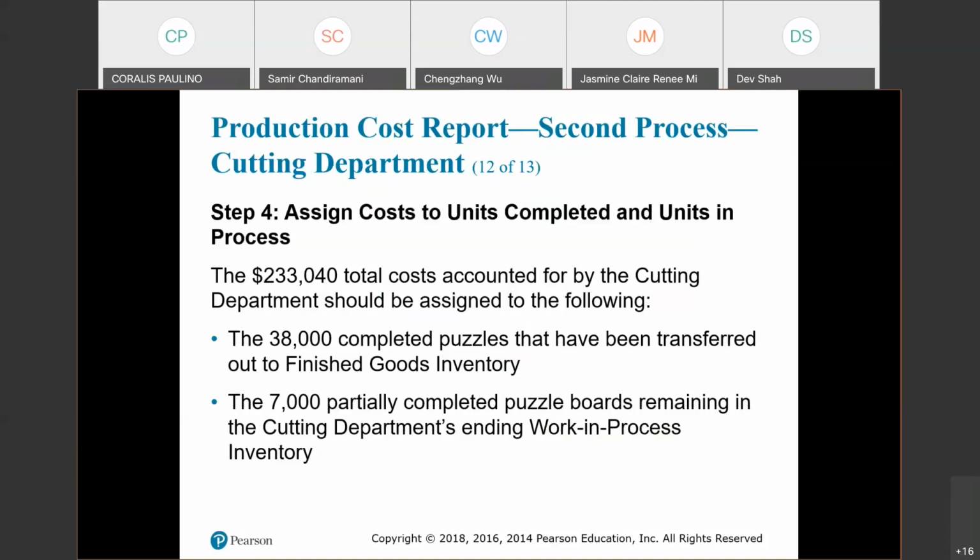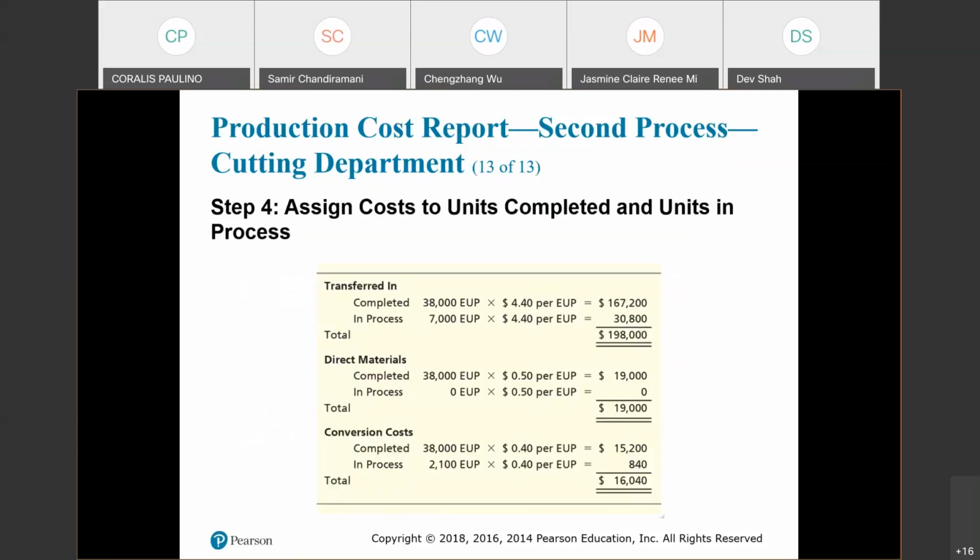Well, this is accomplished by multiplying the cost per EUP times the EUP calculated in step 2. To assign the cost of the 3 inputs into 2 outputs, this step must be completed 6 times.